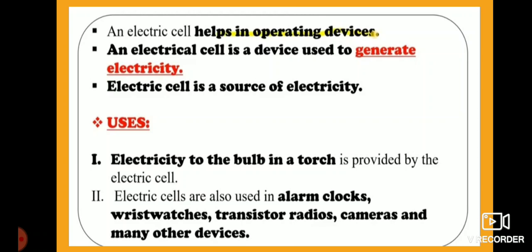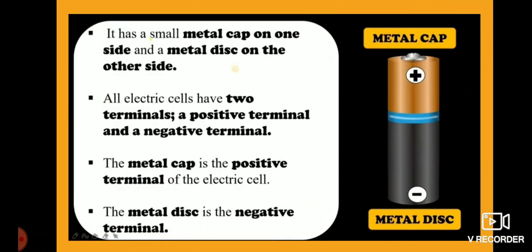Electric cell is a source of electricity. Uses. Electricity to the bulb in a torch is provided by the electric cell. Electric cells are also used in alarm clocks, wristwatches, transistor radios, cameras and many other devices.